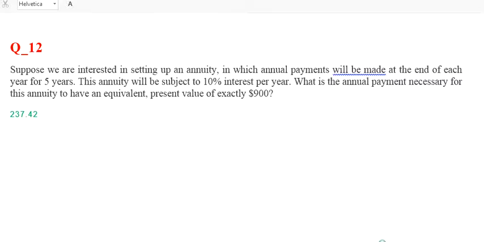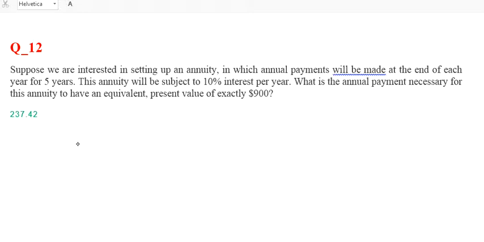Question 12. Suppose we are interested in setting up an annuity in which annual payment will be made at the end of each year for 5 years. This annuity will be subject to 10% interest rate per year. What is the annual payment necessary for this annuity to have an equivalent present value of 900?